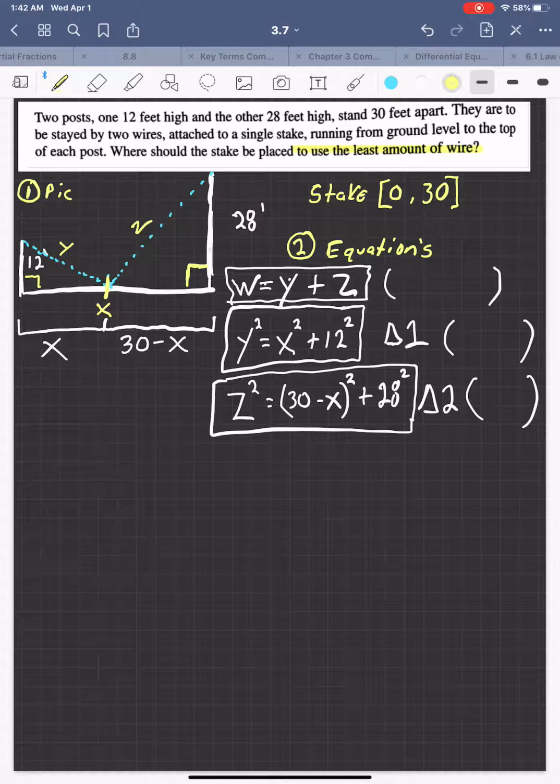The thing that we want to minimize, in this case, is the amount of wire that is going to be used. So, in other words, the first equation is the primary. And in this case, we actually have two secondary equations.